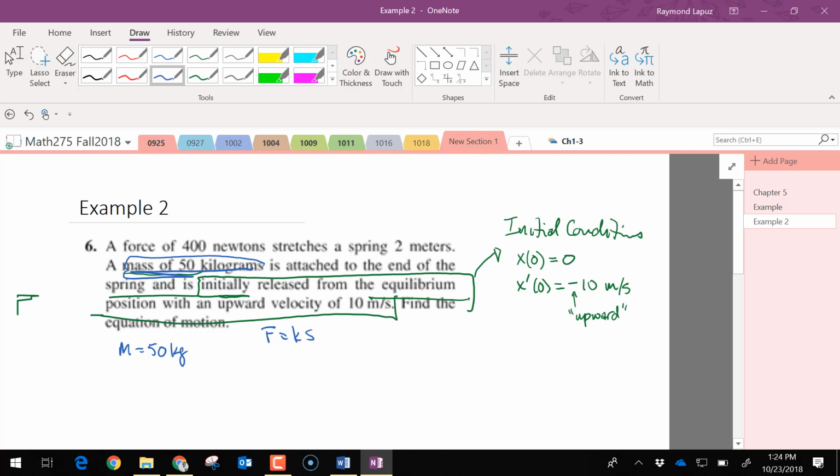With the force of 400 newtons, it's K times 2. So K is equal to what? So we have m and K, and then we have the initial conditions. So we set up our differential equation: 50 x double prime plus 200 x is equal to 0.